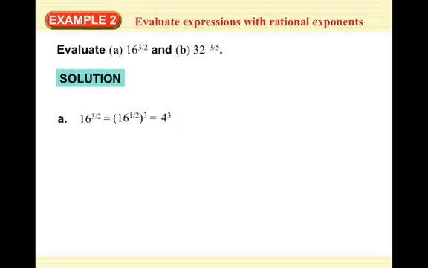So we have 4 cubed, which is 64. 32 to the negative 3 fifths power is 1 over 32 to the 3 fifths power, which is the same thing as 32 to the 1/5 power, the whole thing cubed. 32 to the 1/5 power is the same thing as the 5th root of 32, and so that's 2. 2 to the 3rd power is 8, and so we have 1/8.